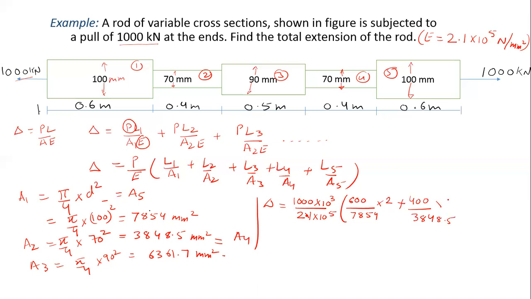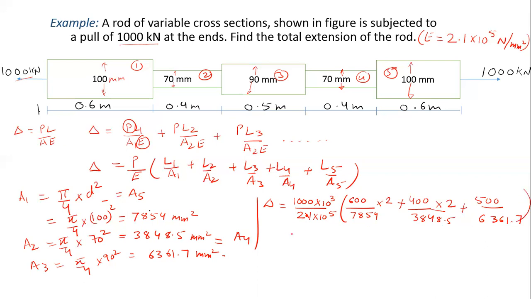We'll multiply it by 2 because section 2 is the same as section 4, plus L3 upon A3. L3 is 0.5 meter, which is equal to 500 mm upon A3. A3 is 6361.7 mm square.